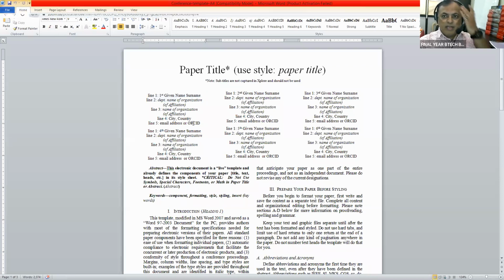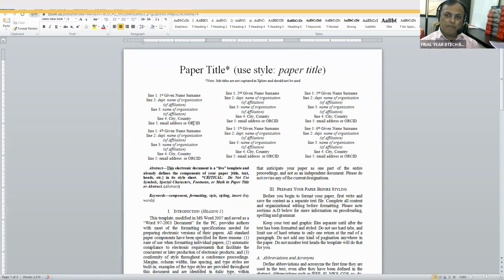Now, what is ORCID? It is an ID, a researcher ID. If you are in the research field, when you start writing a lot of papers and your name gets fame, when a lot of papers have been published, at that time you receive an ORCID ID. But for that, you need to publish a lot of papers.